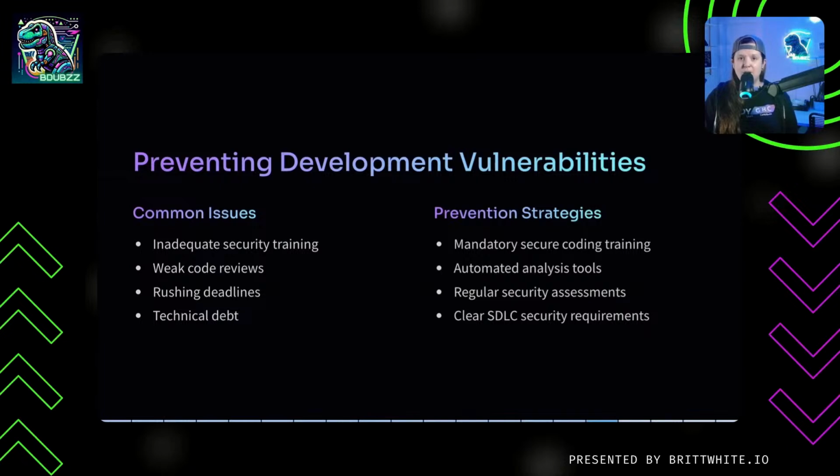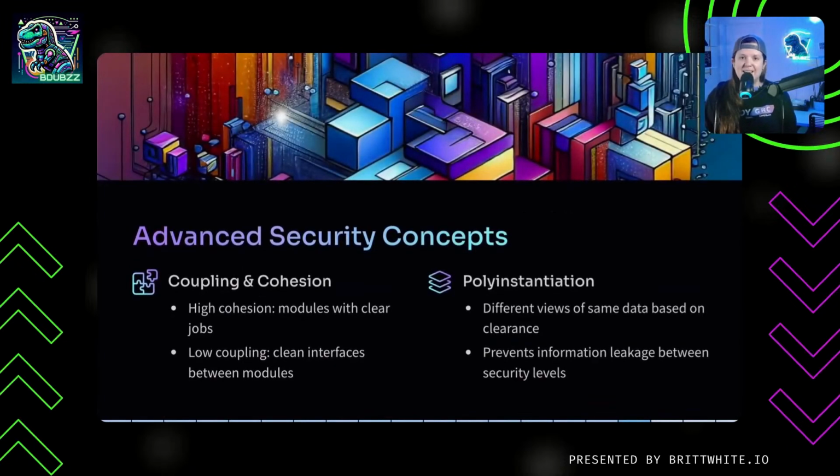Now, there's two other important architectural concepts that can significantly impact security. The first one is coupling and cohesion. Imagine you're building a secure login system. When we talk about high cohesion, each module has one clear job. Keep in mind that we're talking about software security here, and a module is a component of a software system.